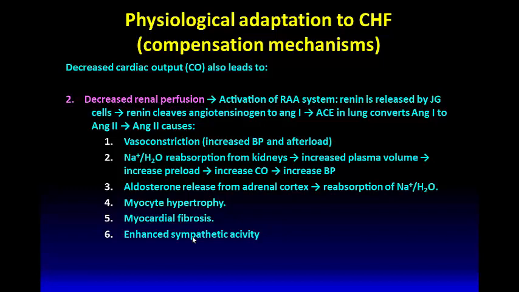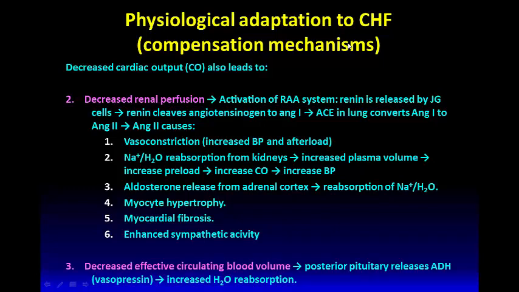Another compensatory mechanism which develops in congestive heart failure is when the effective circulating blood volume decreases, the actual blood volume in fact increases in heart failure, but the effective circulating blood volume decreases. And when this happens, the posterior pituitary gland releases antidiuretic hormone vasopressin, which increases water reabsorption from the kidneys and also causes vasoconstriction.